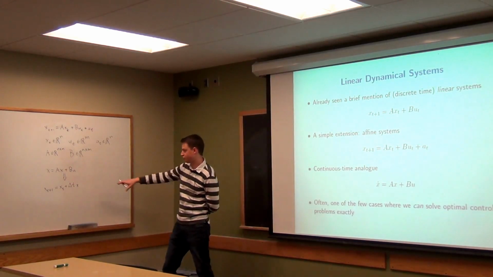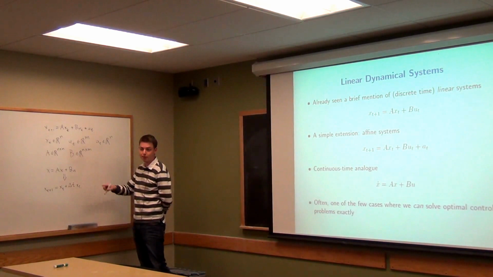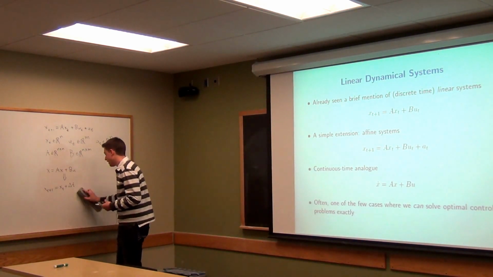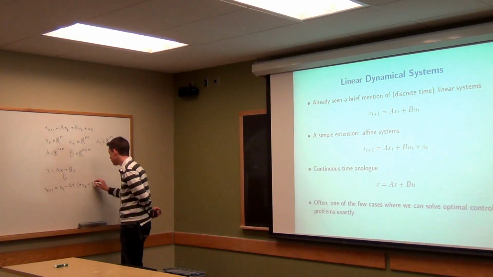That's just the definition of Euler integration. Now we can plug in our definition of x dot from our continuous time system, so this would be A x_t plus B u_t.